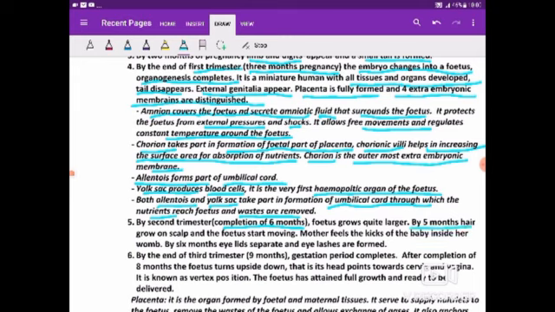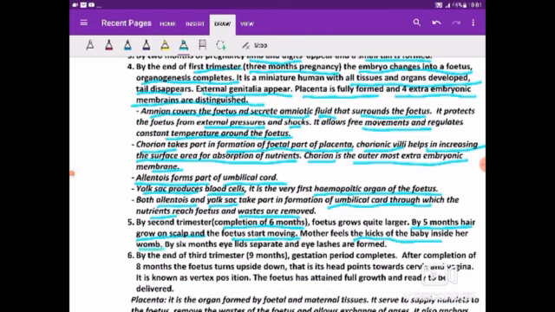By 5 months, hair grows on the scalp of the fetus, and the fetus starts moving. The fetal movements are clearly seen, and therefore the mother can feel the kicks of the baby inside her womb.